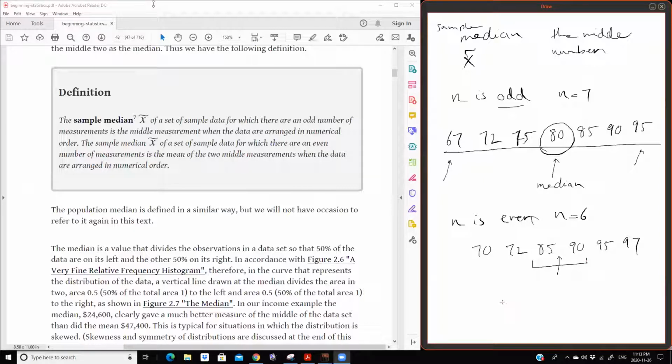In order to calculate the median, you would just add up the 2 numbers in the middle and divide by 2. You're going to get 87.5. So in this case, the median would be the average of the 2 numbers in the middle. Make sense? Any questions?